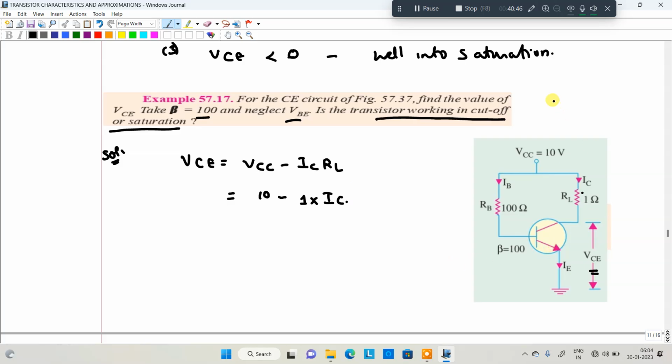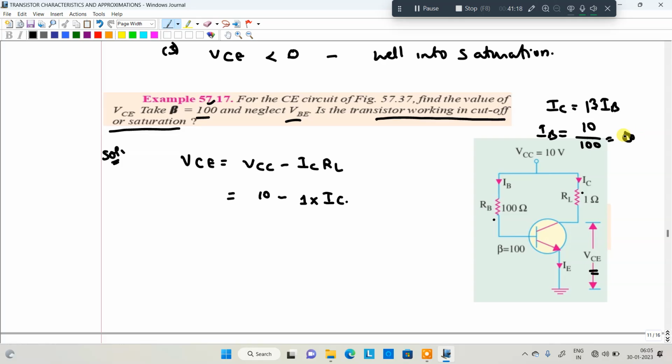IC is equal to beta into IB. The beta value is given, yes. So you need to find out the IB value first. Very simple. IB is equal to VCC, 10, divided by resistance RB, 100. There is no resistance in the emitter, don't consider it here. So IB is 0.1 ampere.